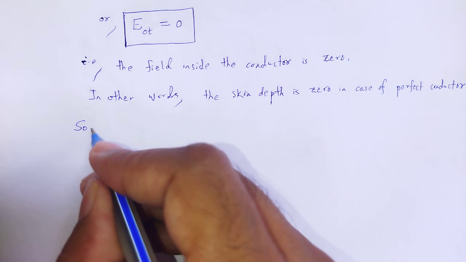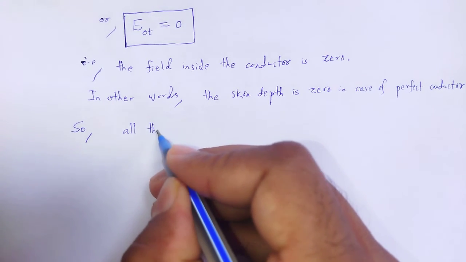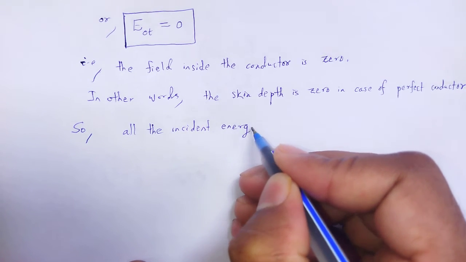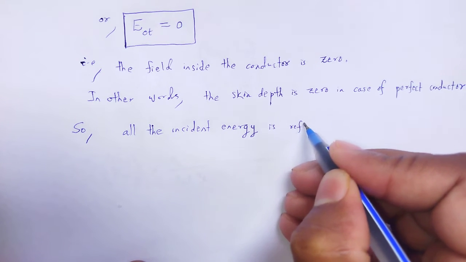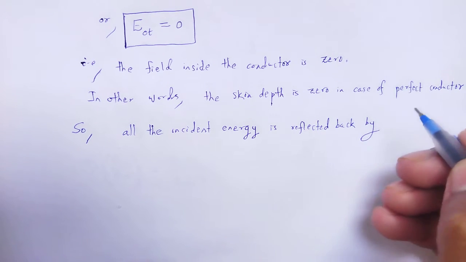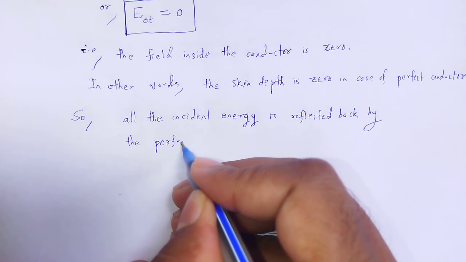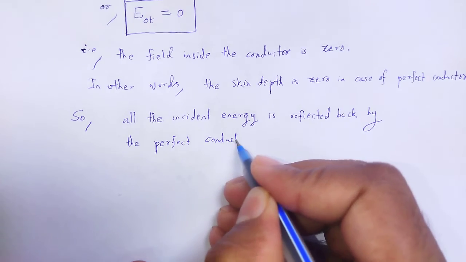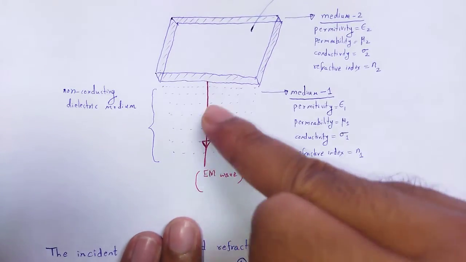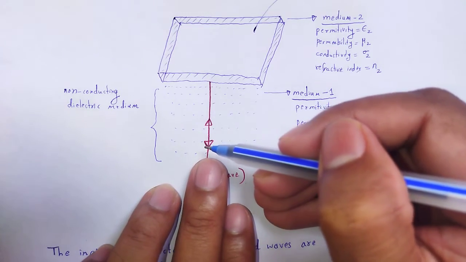So, all the incident energy is reflected back by the perfect conductor. All the incident energy, that is incident on that metal conductor, is now reflected back totally.